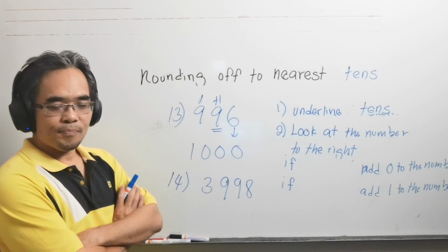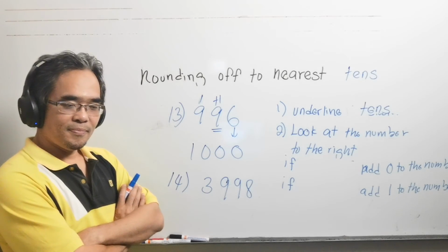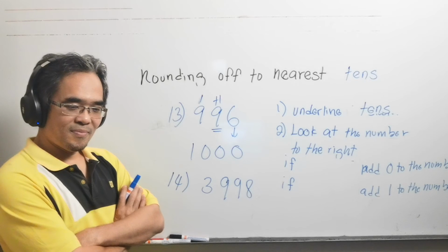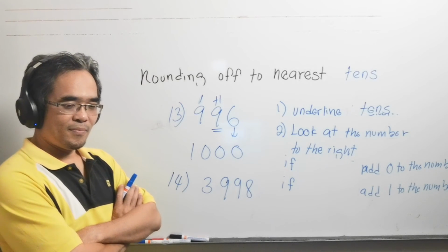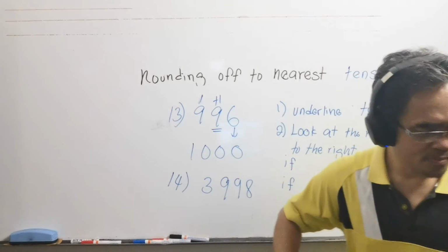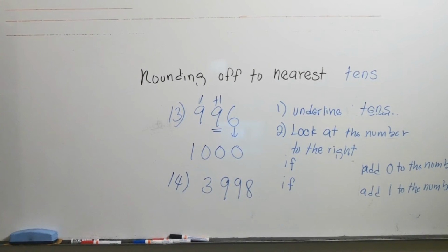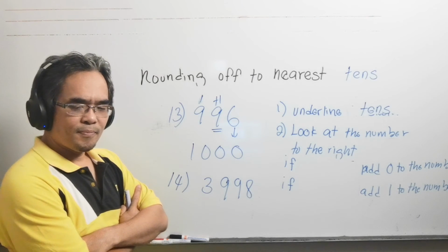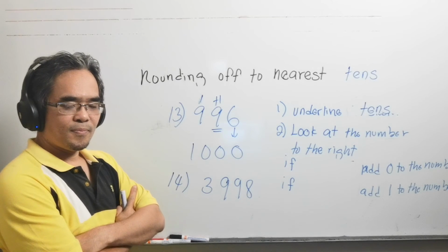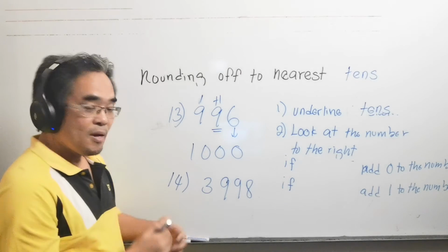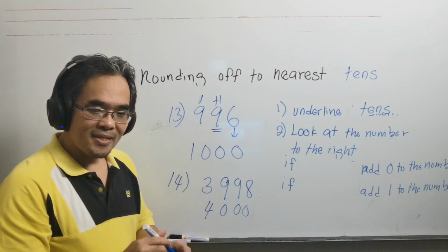Three nine nine eight. $4,000. Yes, you are correct.